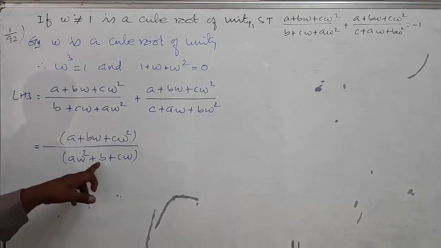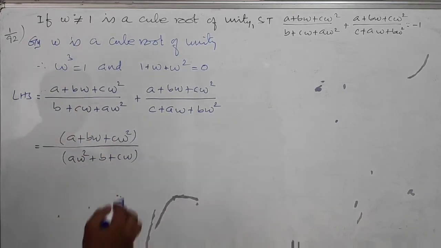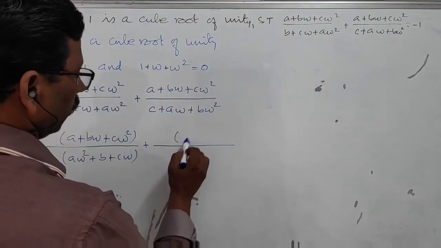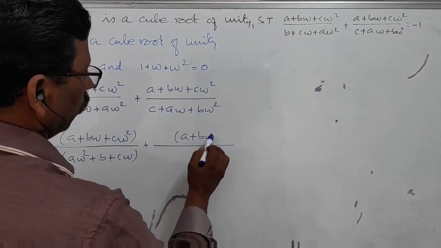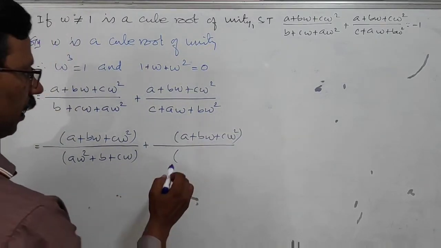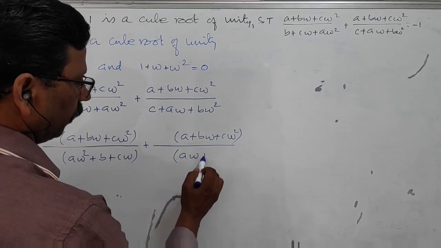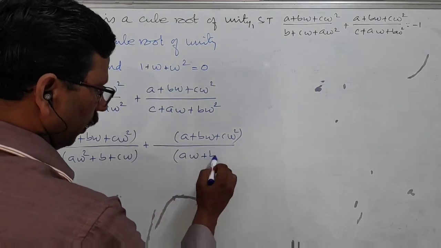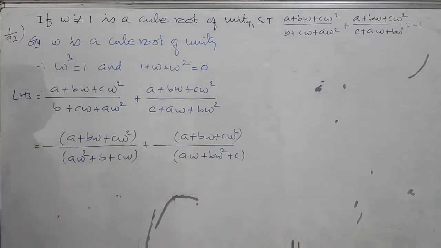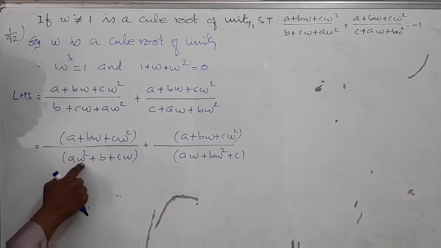In order a, b, c we are going to write. Again, plus here also, (a plus b omega plus c omega square) by, again in this order, a omega plus b omega square plus c. Everywhere you have a, b, c order. See, here we have a, here a omega square.